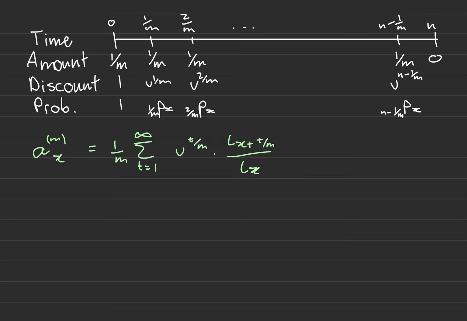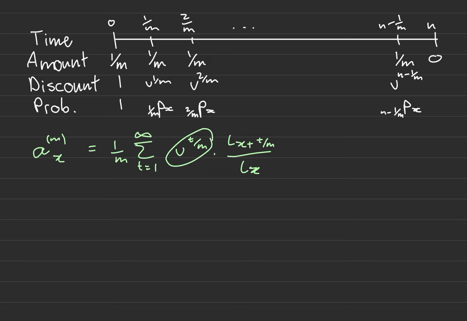Okay, so the way that we should understand this is, first of all, discounting. I discount each of these payments by time by v to the 1 over m. This first payment by v to the 1 over m, second payment by v to the 2 over m, and so my t is my index that will count up from 1, because this is an arrears, all the way until infinity.